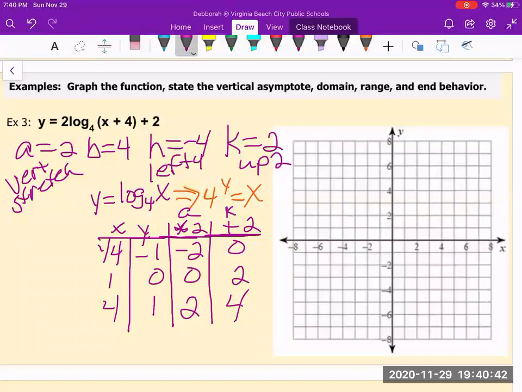And we have one last thing to do. We need to apply the value of h. So we're going to take that x value. Since h is negative 4, we're going to subtract 4. Well, 1/4 minus 4 is going to leave me with negative 3 3/4. 1 minus 4 is negative 3, and 4 minus 4 is 0.